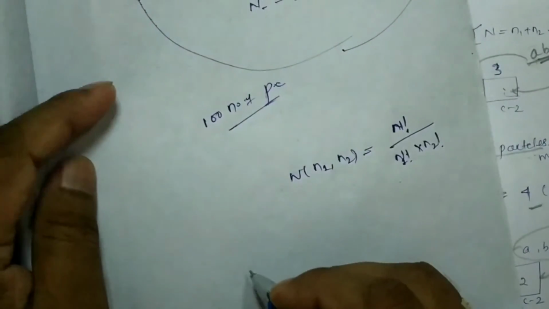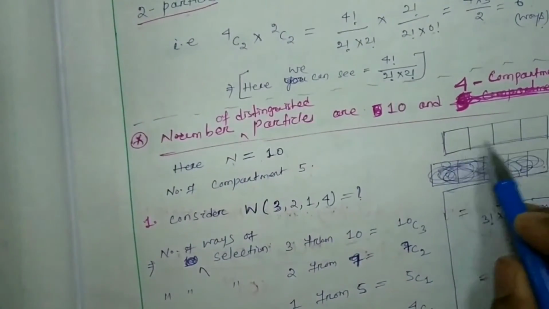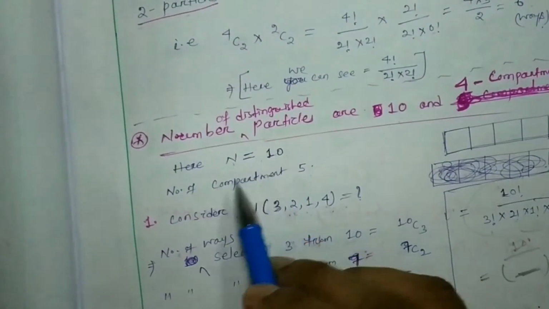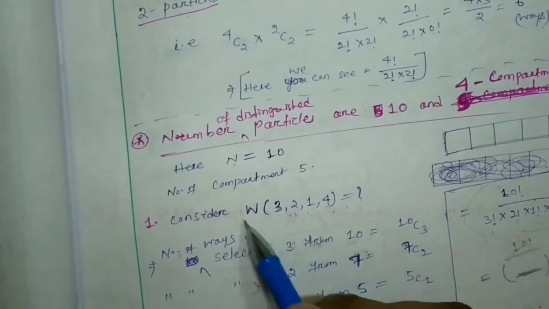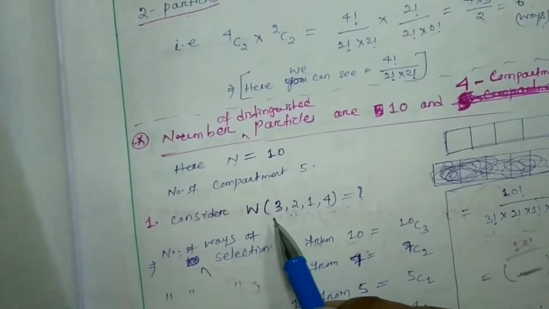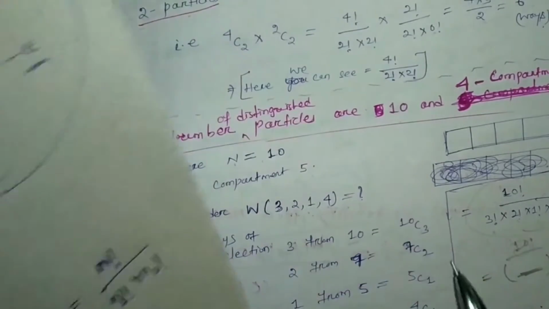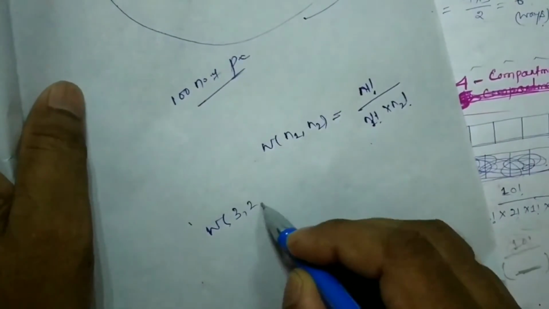Or if we consider this example, 4 energy levels or 4 compartments, and the total number of particles is 10. For this particular macrostate, what is the number of microstates? That is W(3,2,1,4).